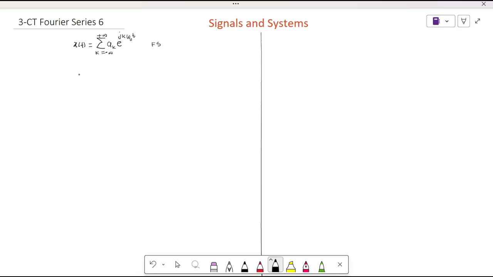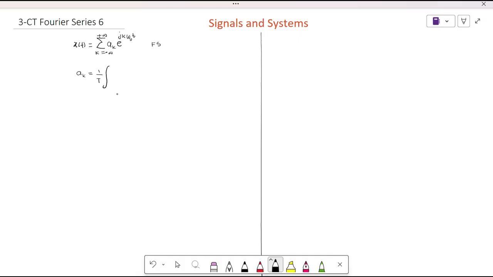So this is the Fourier series coefficient: ak equal to 1 by T, integral of x of t into e power minus j k omega naught t into dt. We know that the Fourier series is applicable for a periodic signal, so capital T is the time period of x of t.